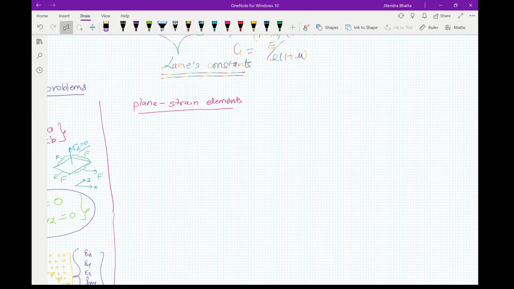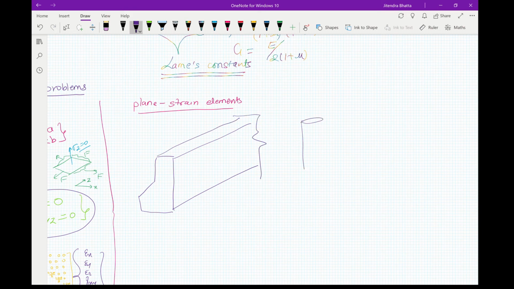In the plane strain elements, generally you will have a section which is very long. Let's say a dam like this, which is very long, or you can have a pipe which is very long.